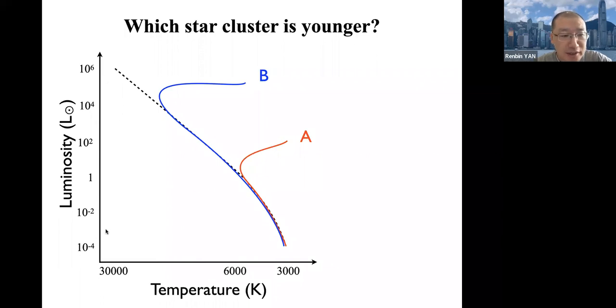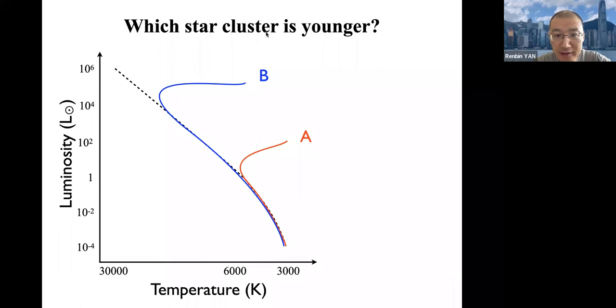So it's luminosity versus temperature, and there are two lines here that indicate where the stars are distributed for that cluster on the HR diagram. Okay, I have finished answering.